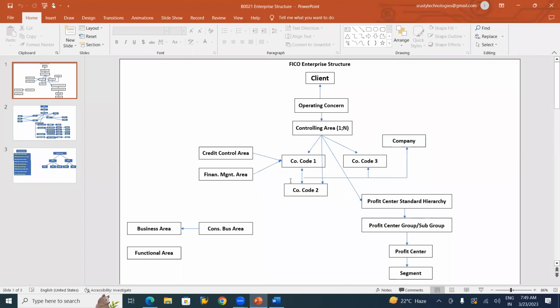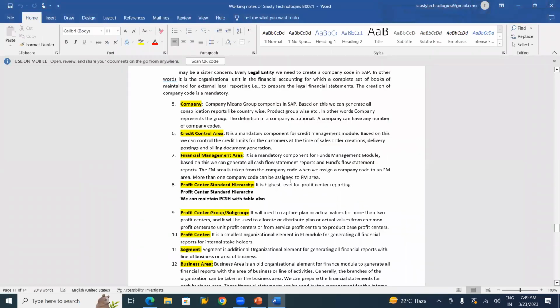Next one, profit center standard hierarchy. As we know, in the earlier classic version this particular functionality was with the CO module, right? But in new GL accounting, the profit center hierarchy has moved from CO to the FI module.